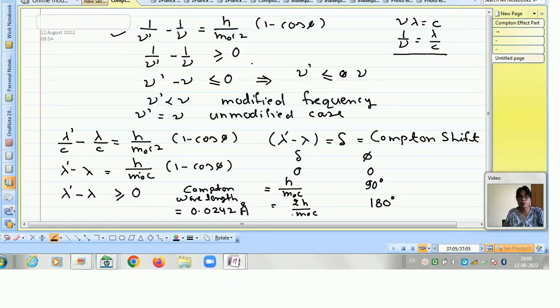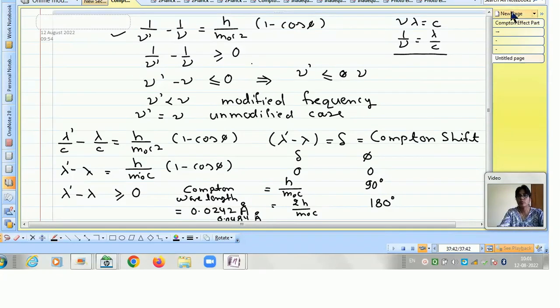So the value of 2h upon m naught c will be double of this, which is 0.0484 angstrom. So what we have found here, we have proved the first objective, that nu dash is less than nu, and then we have calculated the value of Compton shift, which is 0.0242, the Compton wavelength at 90 degree.